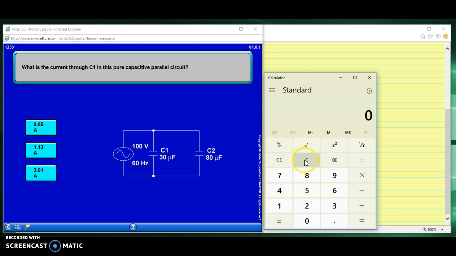Okay, moving right along, now we're asking for the current through C1 in this guy. So we can do the individual X of C for C1, which is 1 over 2 times pi FC.